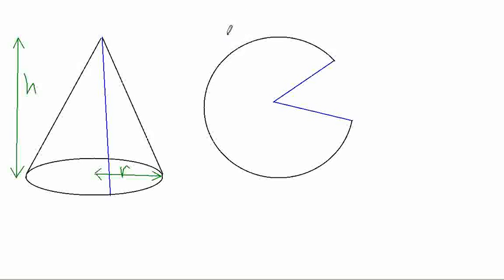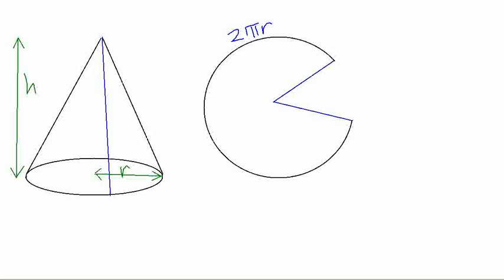So that's going to have a length 2 pi r. That's the formula for the circumference of a circle. And the radius of that circle is going to be the length of that blue cut in the original cone.